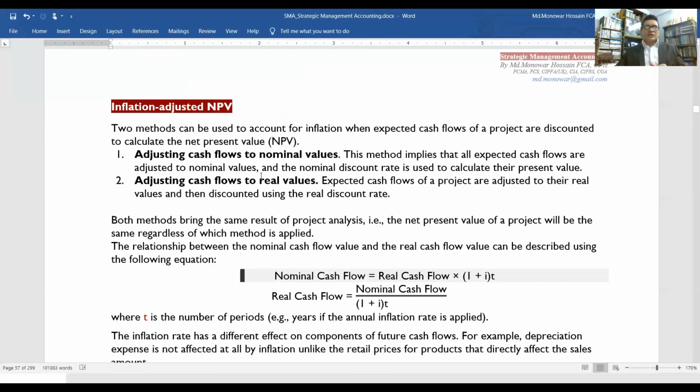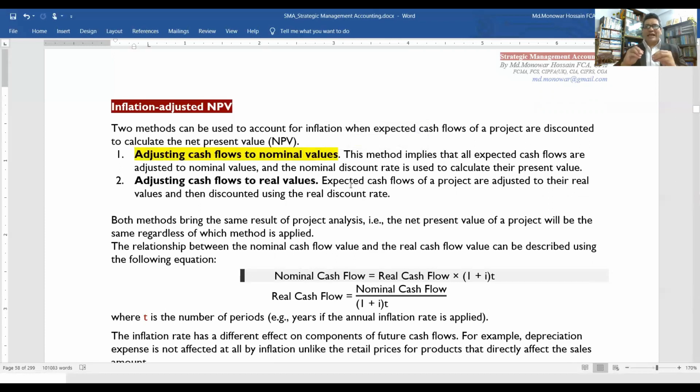So for inflation adjusted NPV, two methods can be used to account for inflation when expected cash flows of a project are discounted to calculate the net present value. One is adjusting cash flows to nominal values.